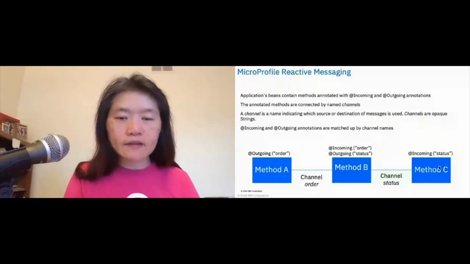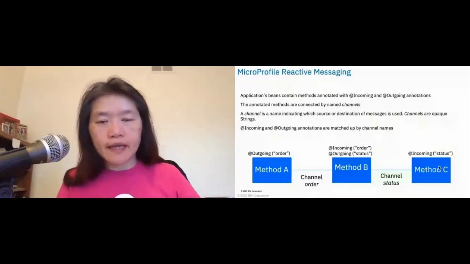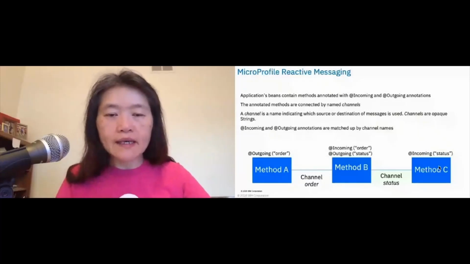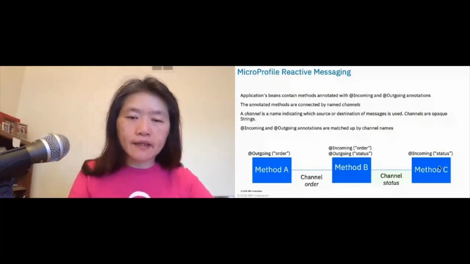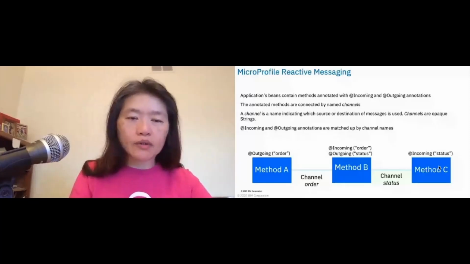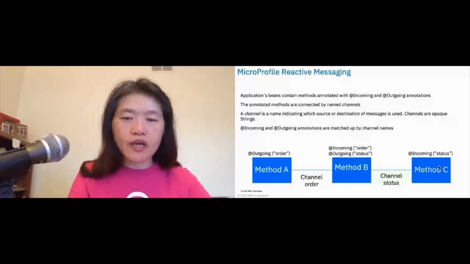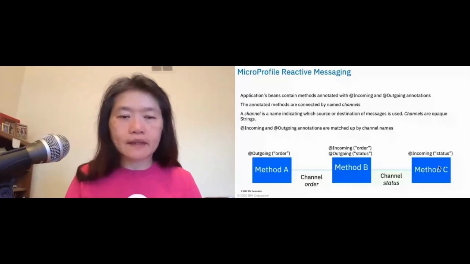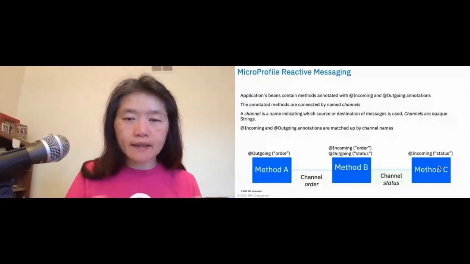Then the data travels between the different methods, and you can have an incoming. In this case, it's showing that the incoming is the order, from the order channel, and then outgoing to status, and that's how they're all connected. They are all matched up by channel names.